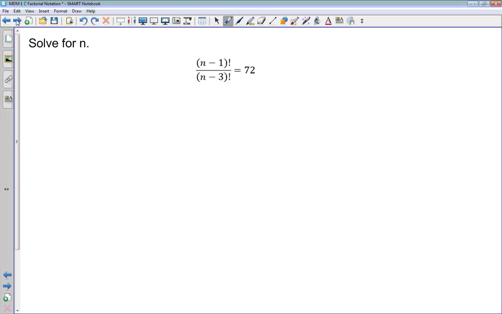We will expand a few terms of these factorials that we have in our numerator and in our denominator. So in the numerator we have n minus 1 factorial, so we'll start with n minus 1 times n minus 2 times n minus 3 times n minus 4 times, etc.